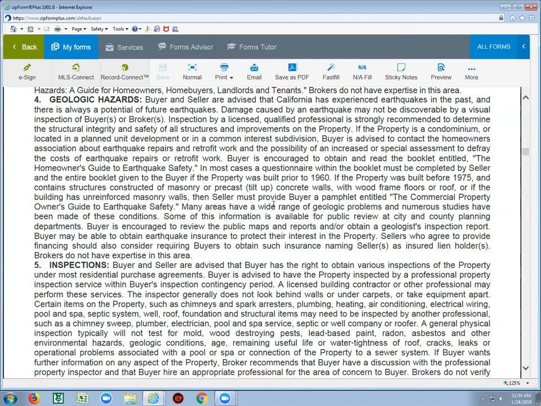Buyers may be able to obtain earthquake insurance to protect their interest in the property. A seller who agrees to provide financing shall be considered to require the buyer to obtain such insurance, naming the seller as insured lien holder. Brokers do not have expertise in this area. Why?